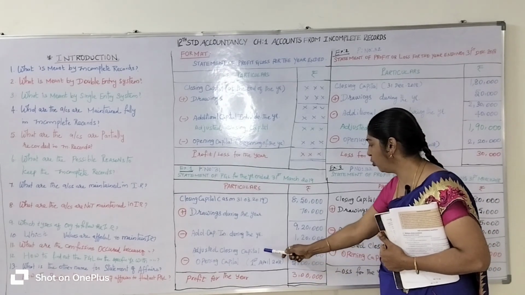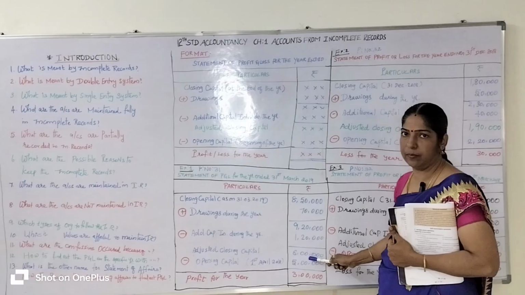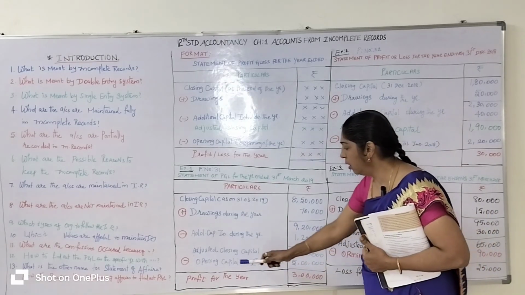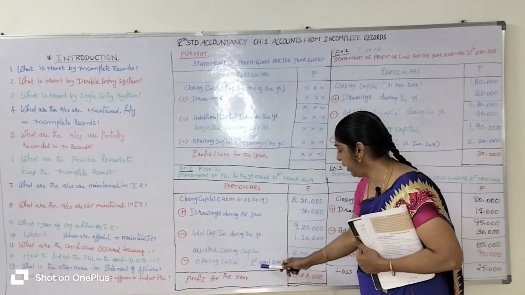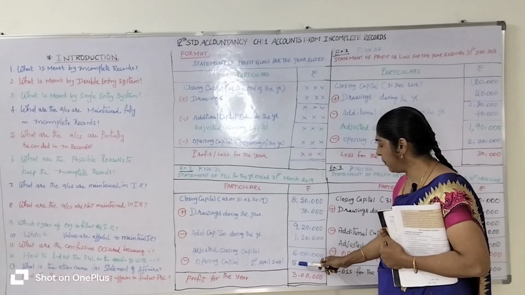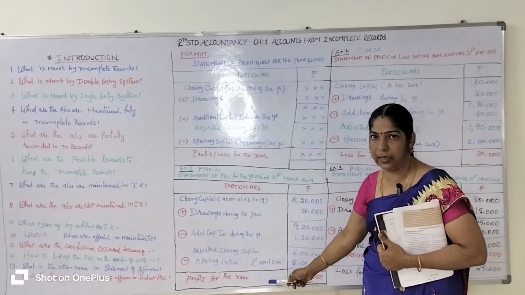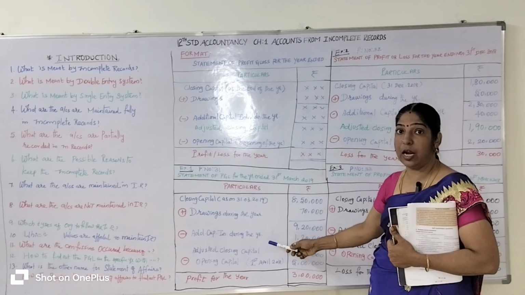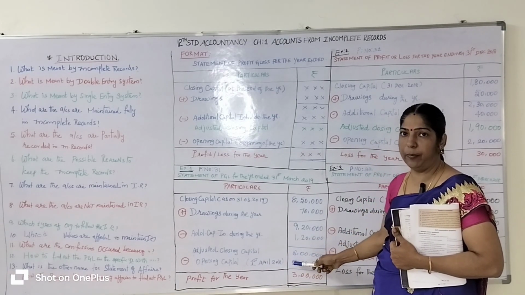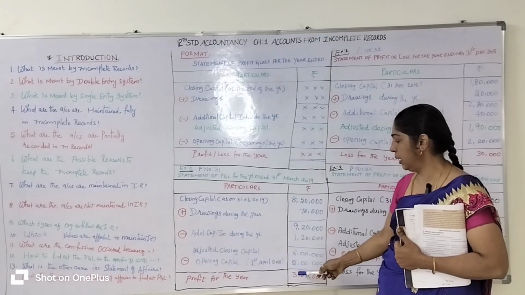Here the adjusted closing capital value is 8 lakh rupees, which is more than the opening capital of 5 lakh rupees. After subtracting, you get 3 lakh rupees. The adjusted closing capital value is higher than the opening capital value, so you get profit for the year.